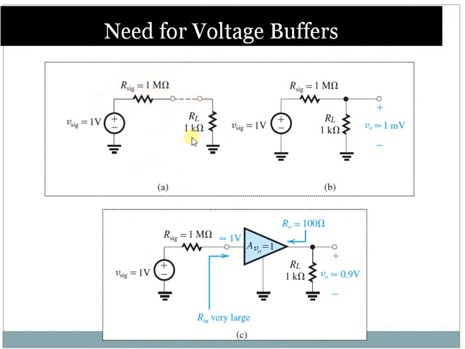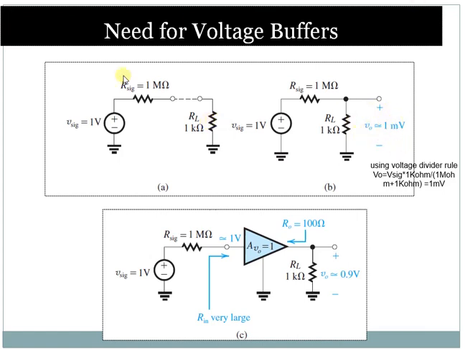Now this circuit results in severe attenuation of the signal, and the signal appearing across the load will be equal to 1 by (1000 plus 1), that is 1 kilo plus 1, which is about 1 millivolt, as shown here.